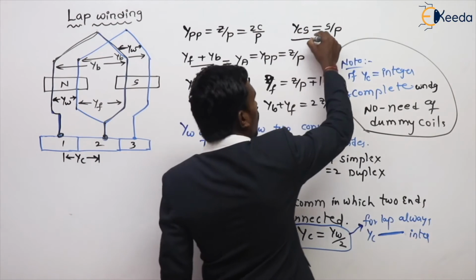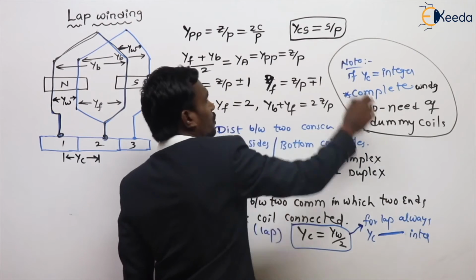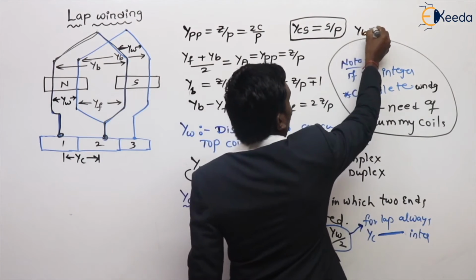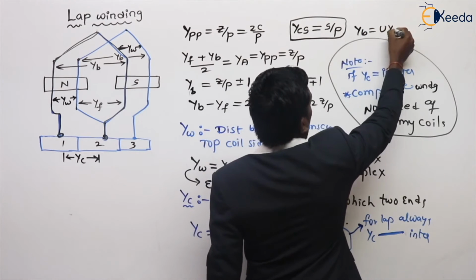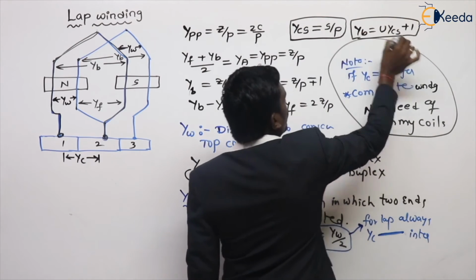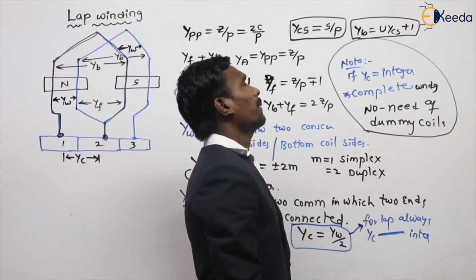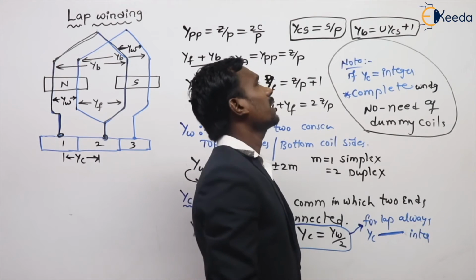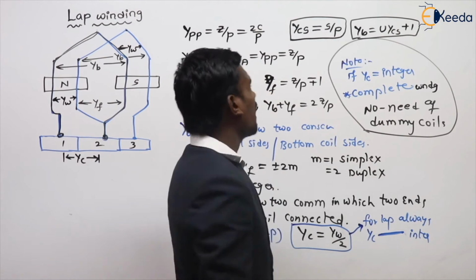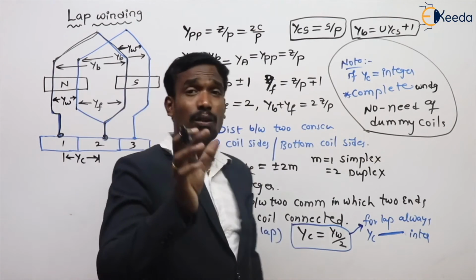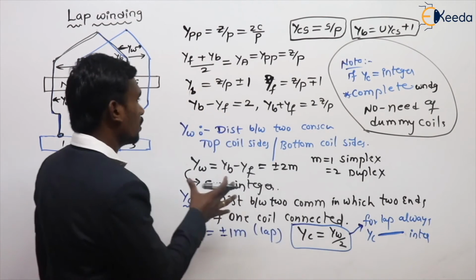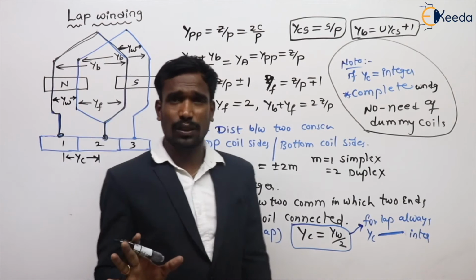Coil span pitch is exactly equal to the number of slots per pole, and back pitch is equal to U times the coil span plus 1. We can write that like this. I will explain everything by taking one example. Is it okay? So note all these points. These are very important actually.